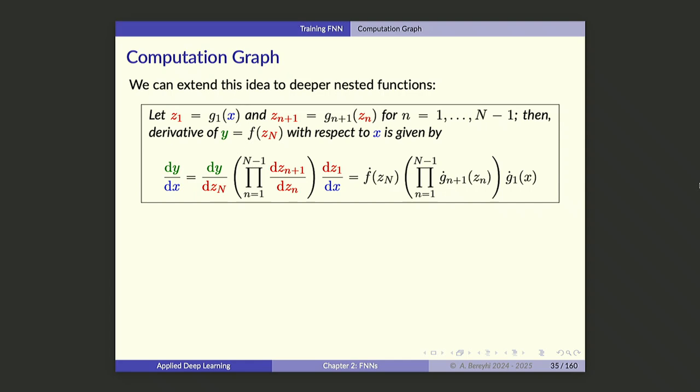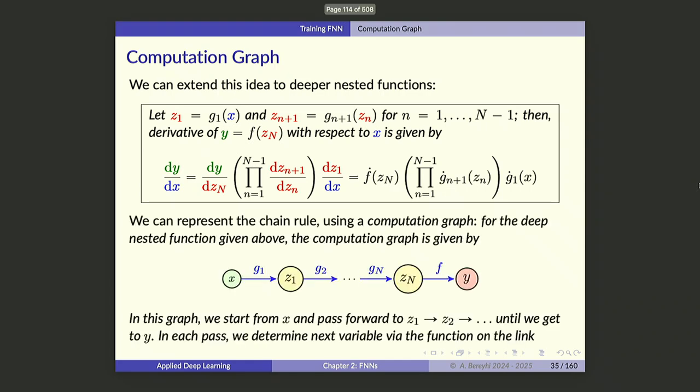And then dz1 to dx you can compute because z1 is an immediate function of x. Everybody's clear? So this is the idea of the chain rule. Basically, when you have a nested function, the derivative is going to be the product of every single immediate derivative, correct? So that is the chain rule.